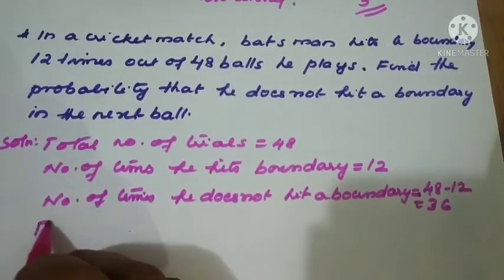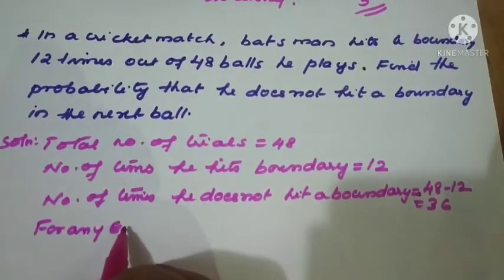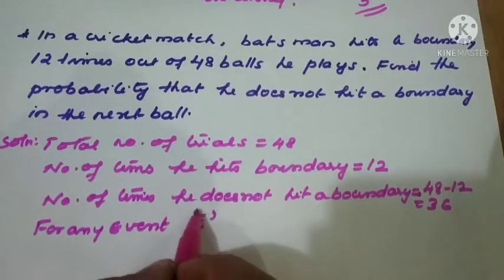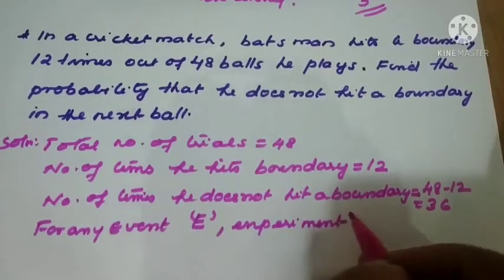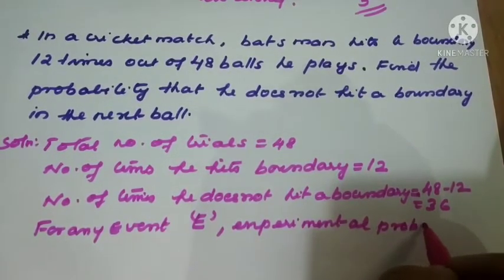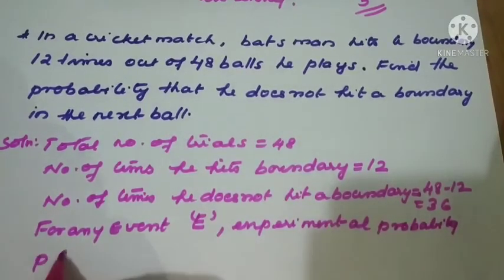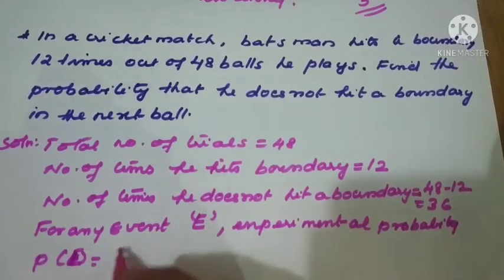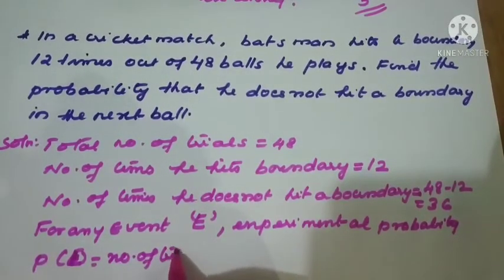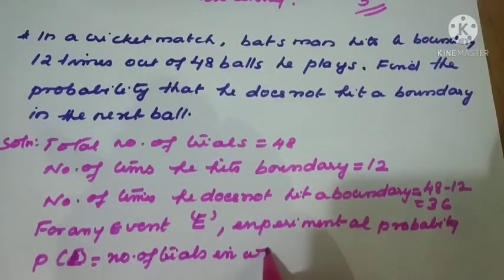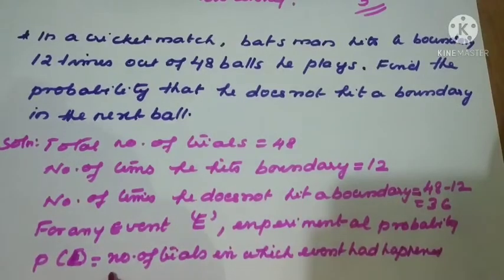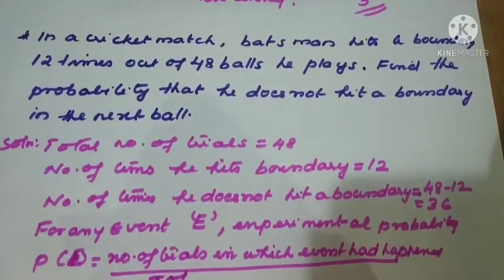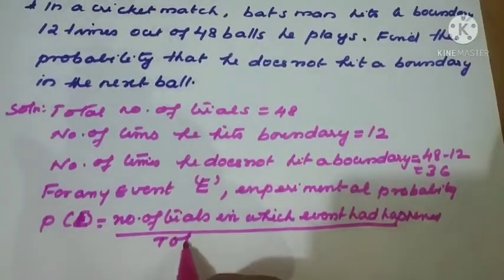So for any event E, experimental probability P of E equal to number of trials in which event had happened divided by total number of trials.